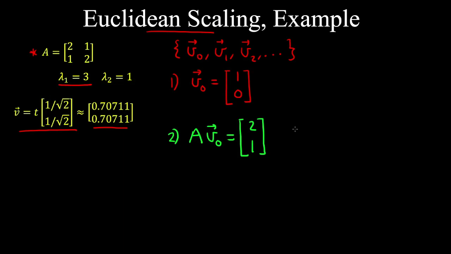And then normalizing this gives V1. So V1 has components 2 on root 5 and 1 on root 5, if you divide these components by the norm of the vector. So calculating this out, we get the following approximation.